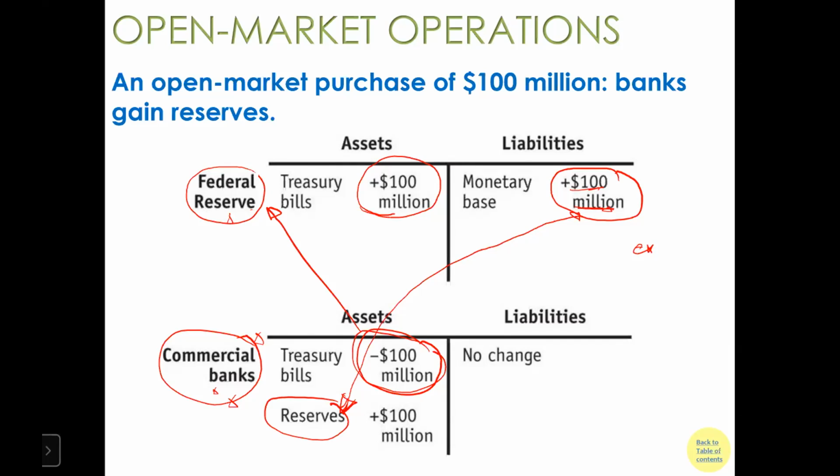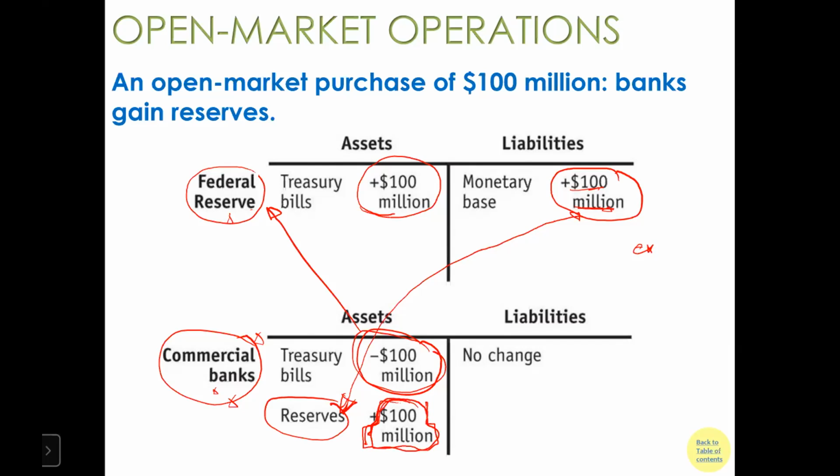And then what the commercial bank is going to do, because they have an additional 100 million of reserve, is that instead of just keeping this reserve in the Federal Reserve Bank, or the central bank, they are going to make loans out of this $100 million of reserve.